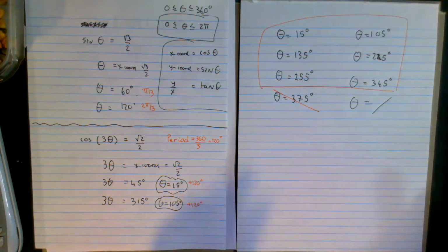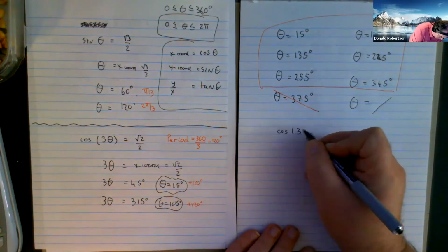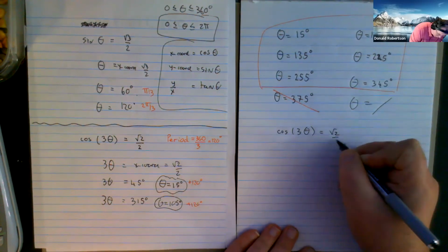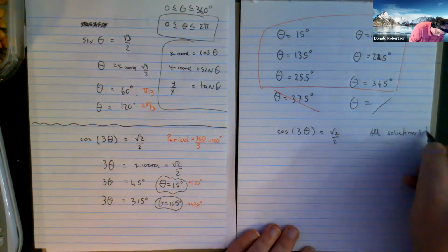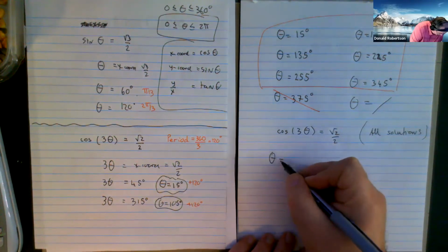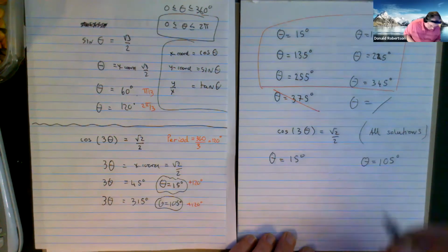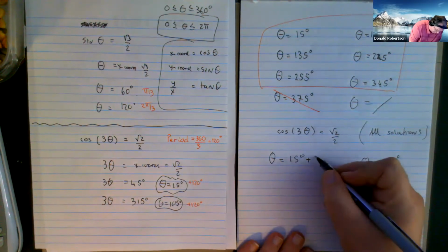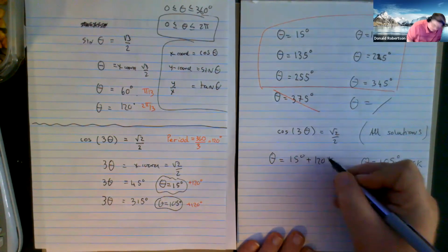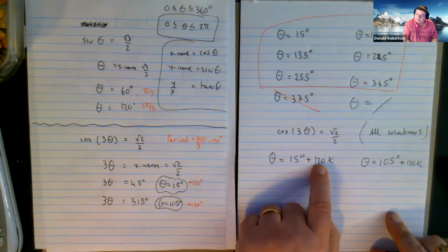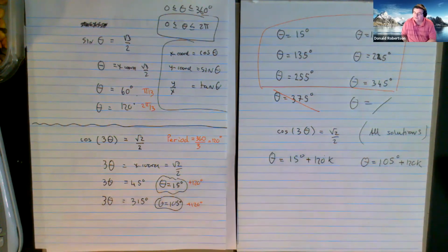Now, if you took that same equation, but you're being asked to write all the solutions, you would still have your 15 degrees, and you would still have your 105 degrees, plus 120k. Remember the period k, right? And that would represent every solution in the universe.